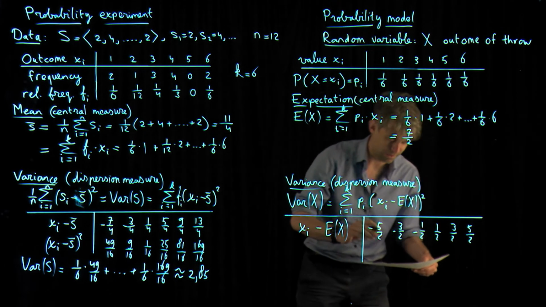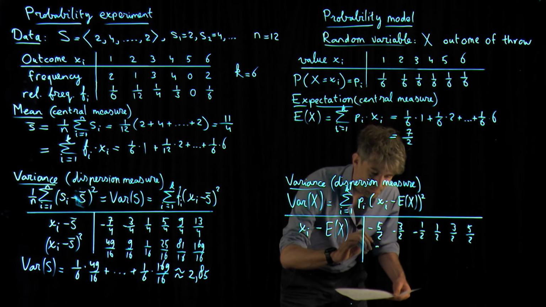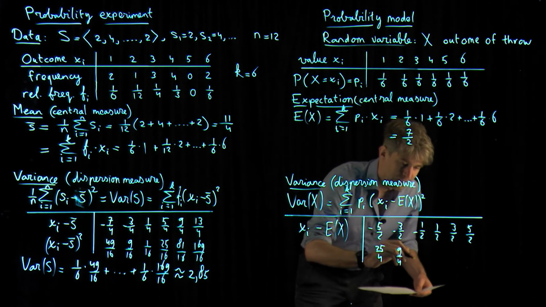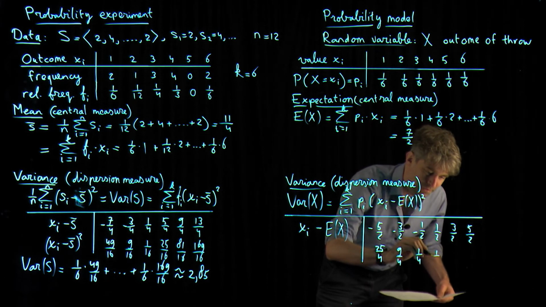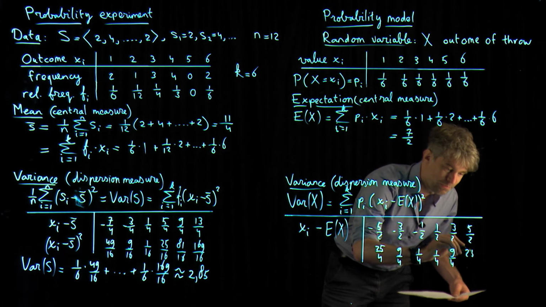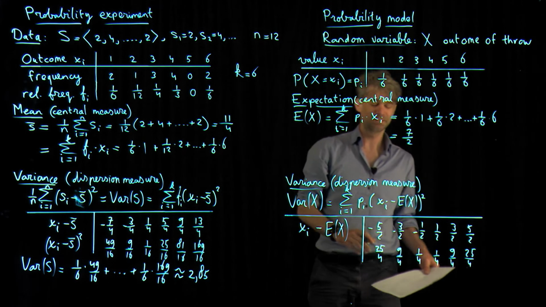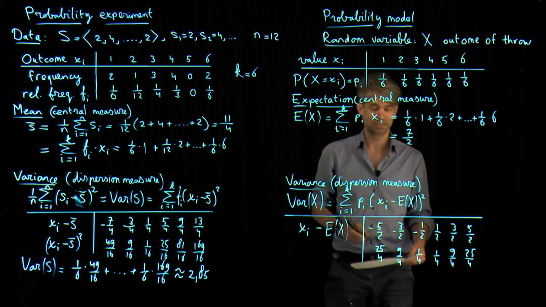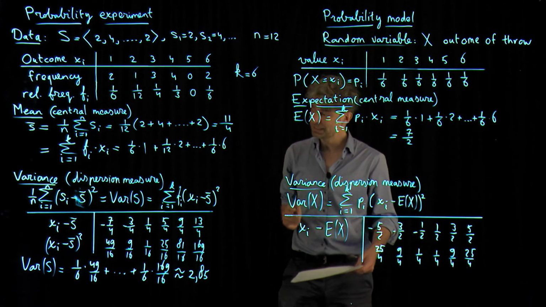Maybe I could have done that by heart. And then you square them. It's 25 over 4, 9 over 4, 1 over 4, 1 over 4, 9 over 4, and 25 over 4. And maybe this I could even compute by heart. If you sum all this, it's 70 over 4, isn't it? 70 over 4. But anyway, let's do the computation.